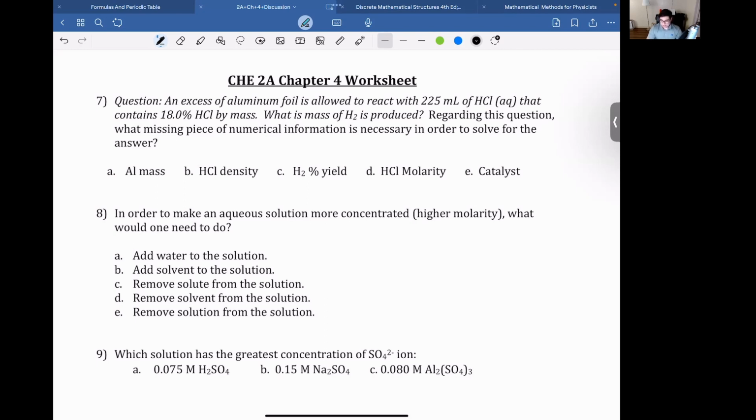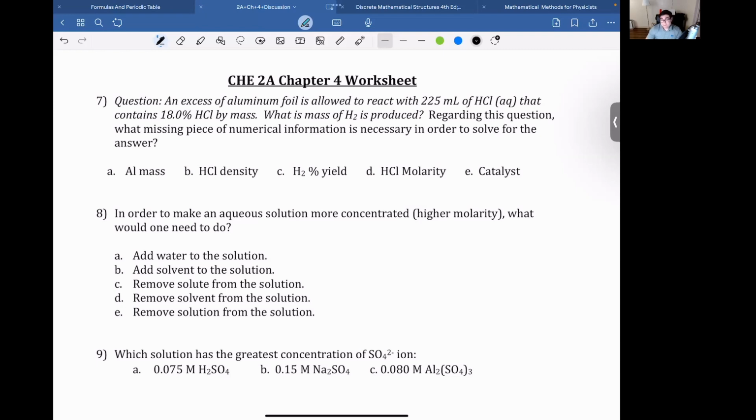If you're looking at the question, they give you some aluminum foil that's in excess, so we don't really have to worry about how much aluminum foil there is. So Al is gone, because it's in excess. We have 225 milliliters of aqueous hydrochloric acid, and it's 18% HCl by mass.